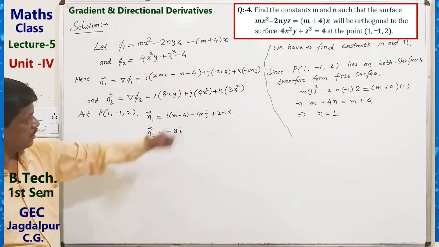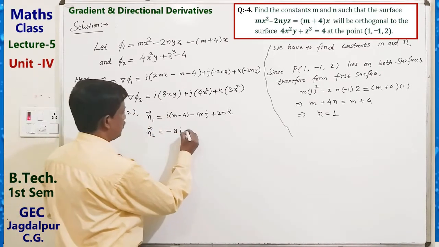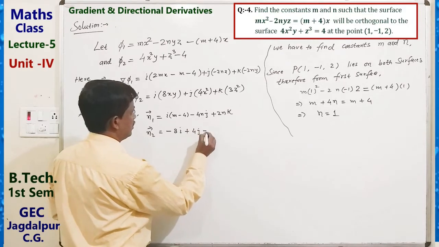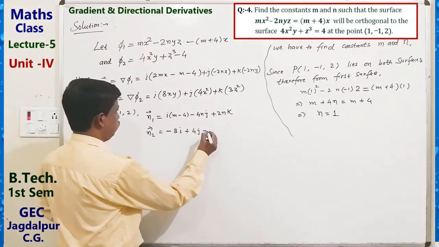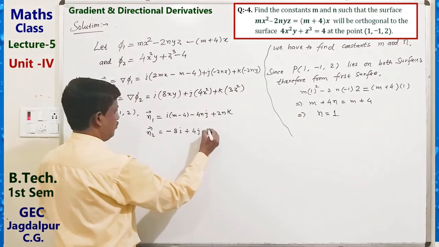Okay, here 1 square plus 4z plus 12k, this.